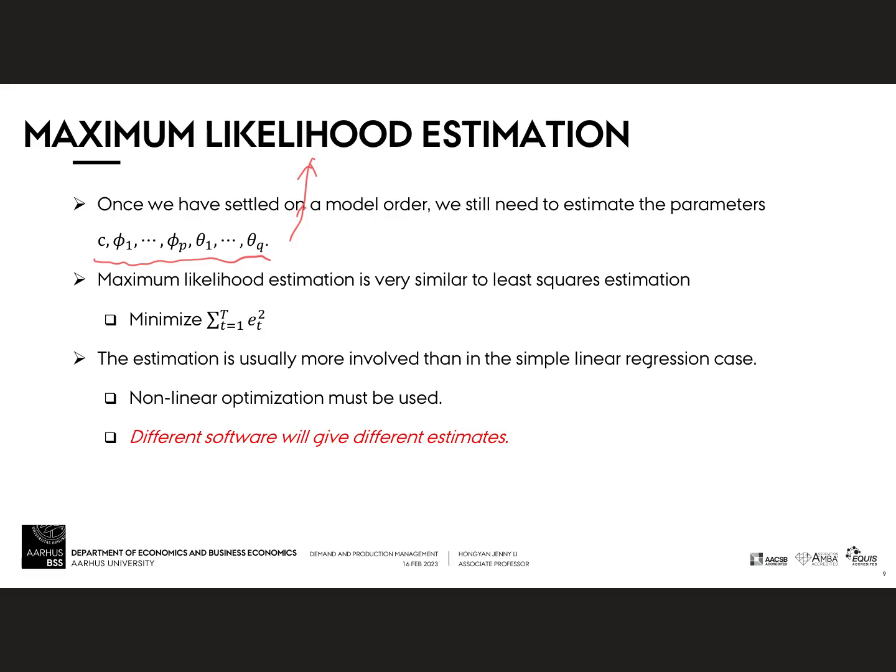Then you can evaluate the probability, and maximize the likelihood of achieving the actual historical time series. This method is very similar to least squares estimation, but the difference is that the method is nonlinear, so the estimation is usually more involved than simple linear regression.